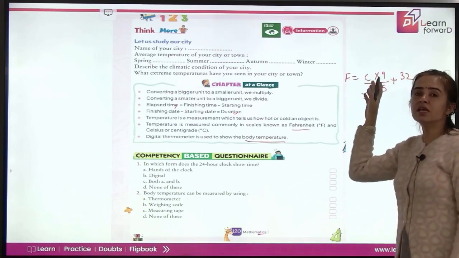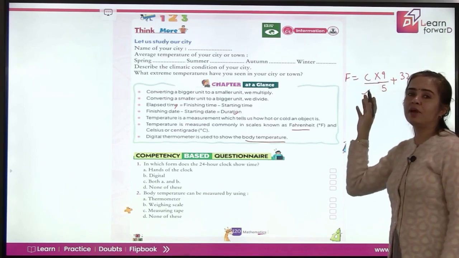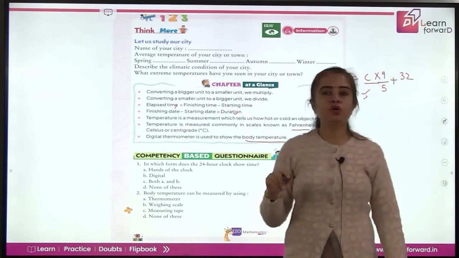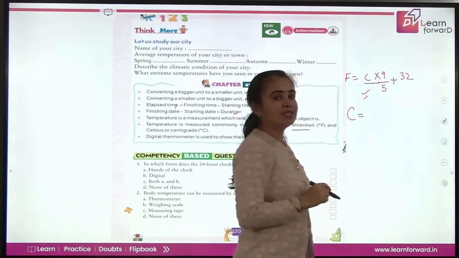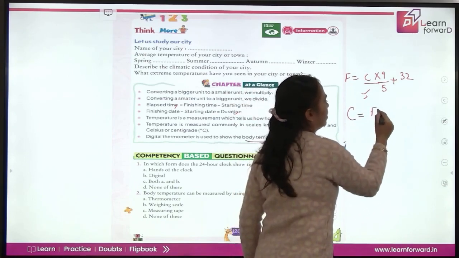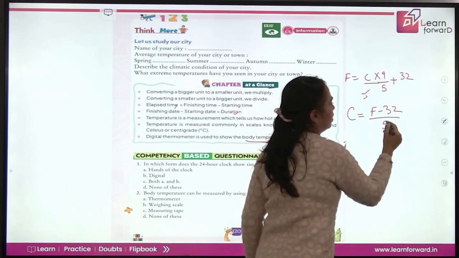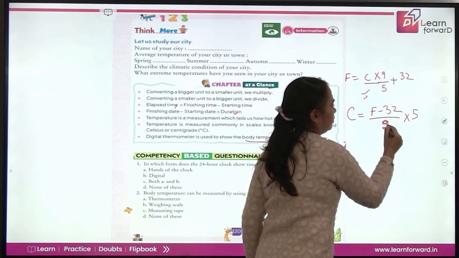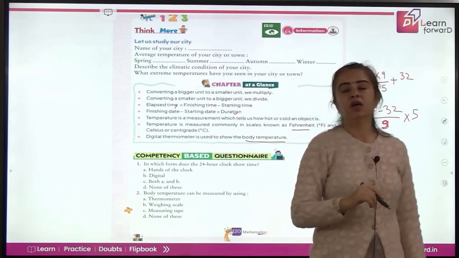To convert Celsius into Fahrenheit, we use Celsius into 9 by 5 plus 32. And how do you find out when you know Fahrenheit? To get the temperature in Celsius, we do F minus 32 divided by 9 times 5. Right? So, these are the formulas for conversions.